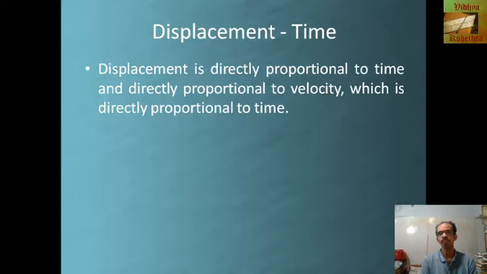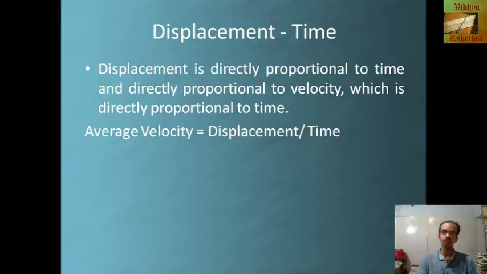Hence we can say that displacement is directly proportional to the square of time. That is, if a body travels 3 meters in the first second, then in the second second the body will travel the square, that is 9.